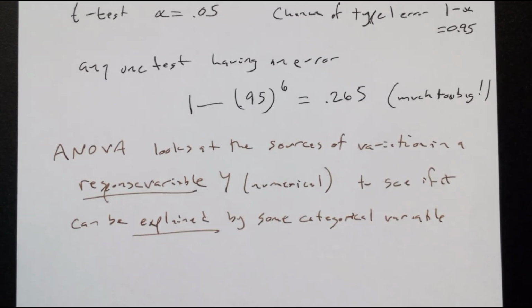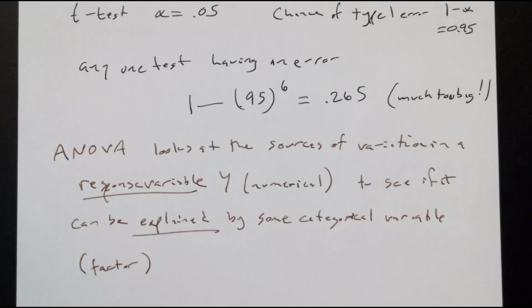We're going to call that categorical variable the factor. We can have lots of different factors. We'll look at one factor and then multi-factor later on.